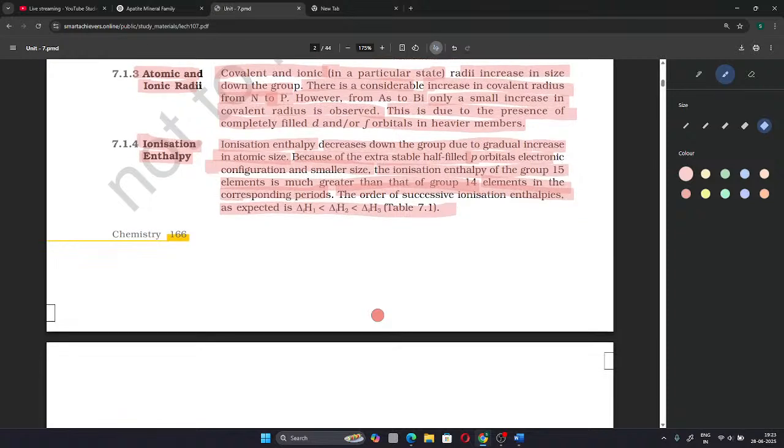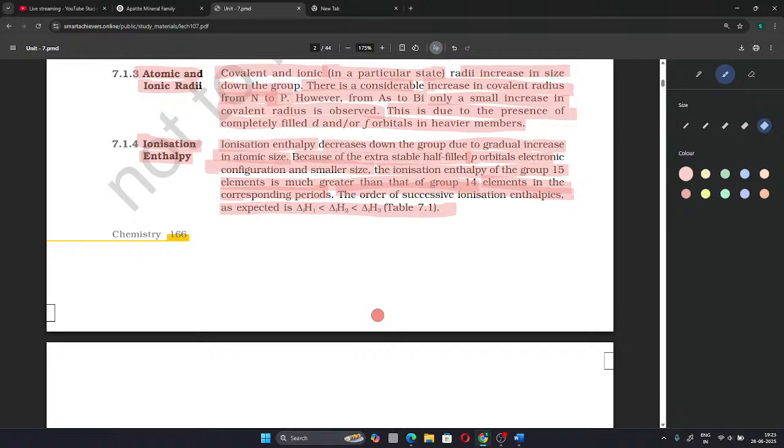It decreases down the group due to gradual increase in atomic size, and because of the extra stable half-filled p orbital electronic configuration and smaller size. The ionization enthalpy of group 15 elements is much greater than that of group 14 elements in the corresponding periods. The order of successive ionization enthalpy is as expected.